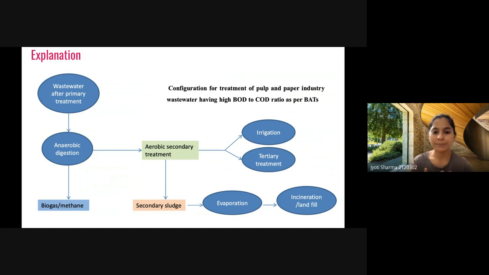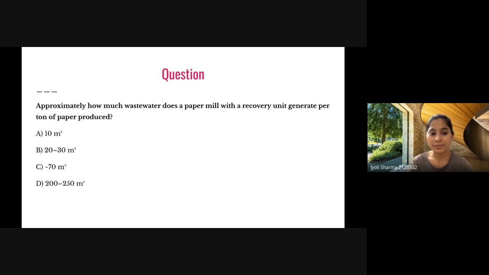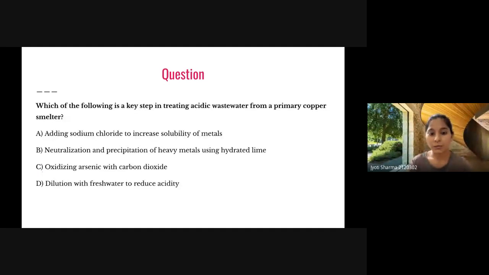Because fiber is biodegradable in nature, we can use biological treatment for this. This bleaching is giving you the highest pollution intensity in the wastewater in this pulp and paper industry. Then, how much wastewater does a paper mill with a recovery unit generate per ton of paper produced? This is near to 70 cubic meters.